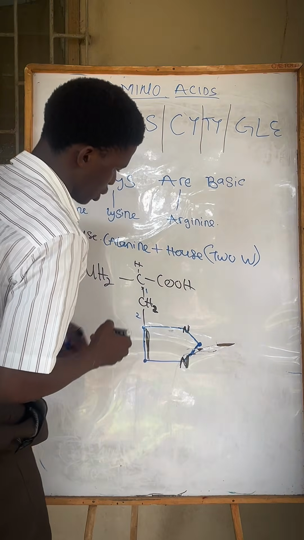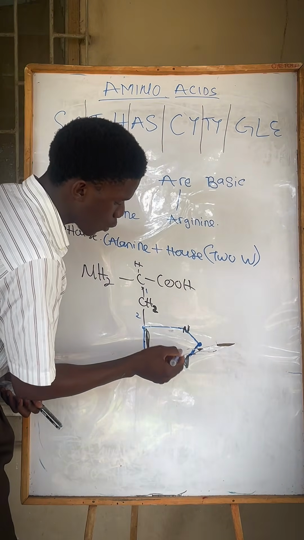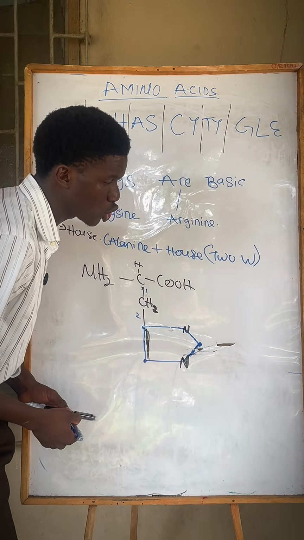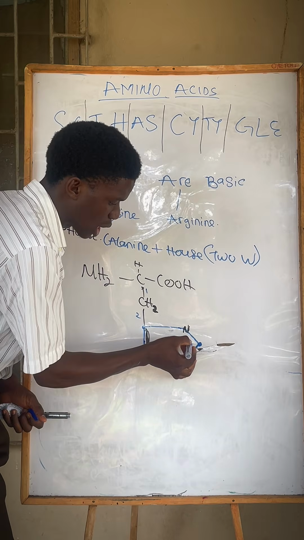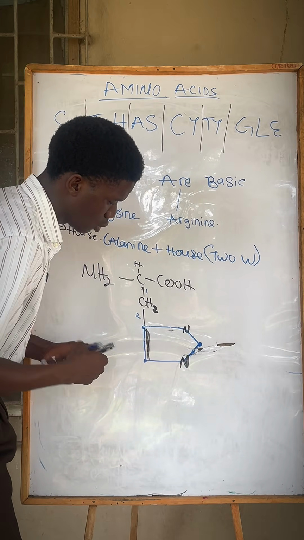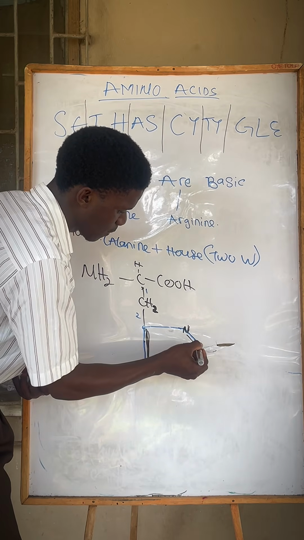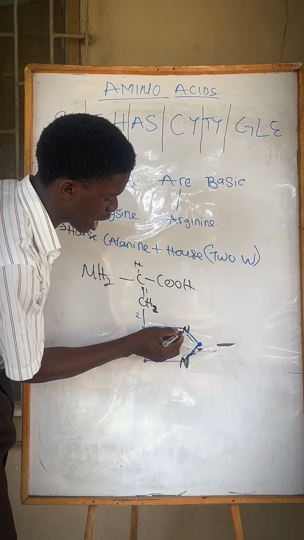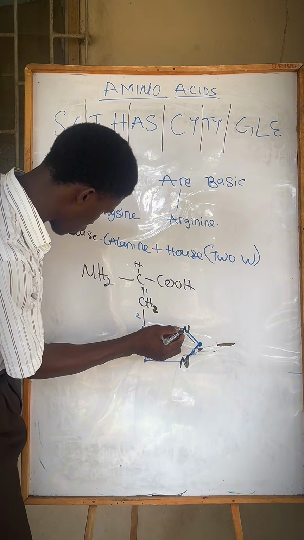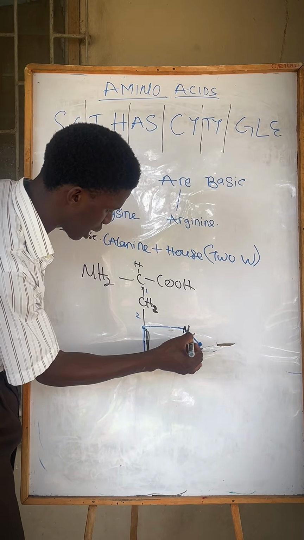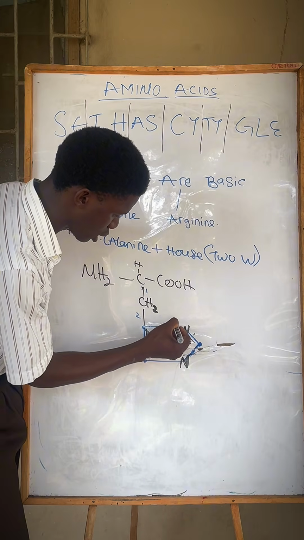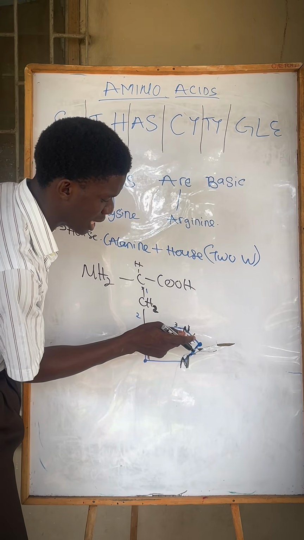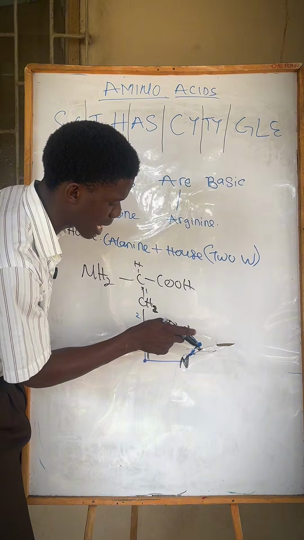Now let's check. For one of these nitrogens, you just put a double bond. You can put it either here or here, but let me just put it here. So how many bonds do we have around this nitrogen? We have 3 bonds, which is 1, 2, 3. So I don't have to add any hydrogen to this nitrogen anymore.